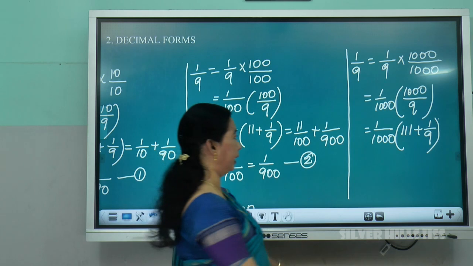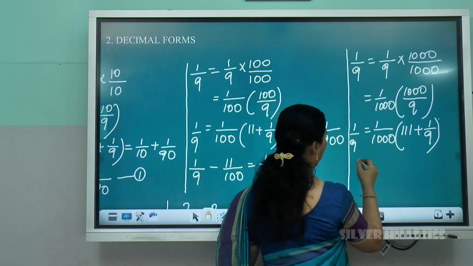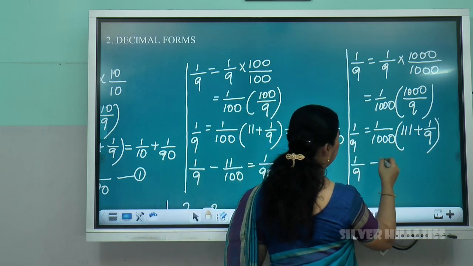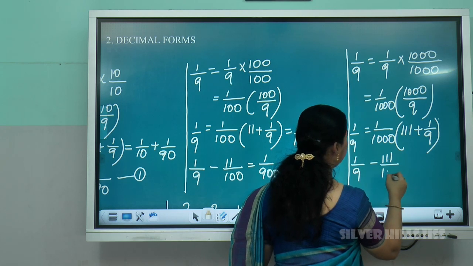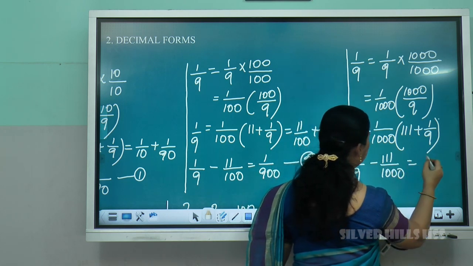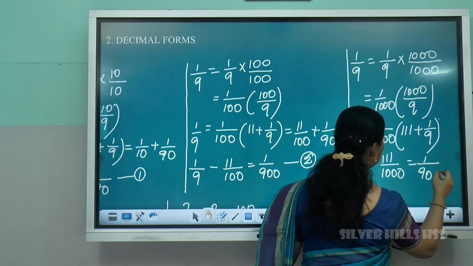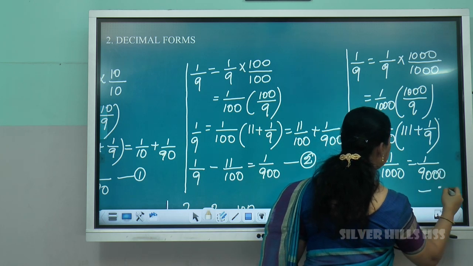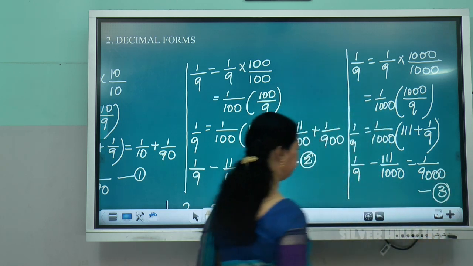Then opening the bracket, we will get 1 by 9 minus 111 by 1000 is equal to 1 by 9000. So, 3 equations we have got here.